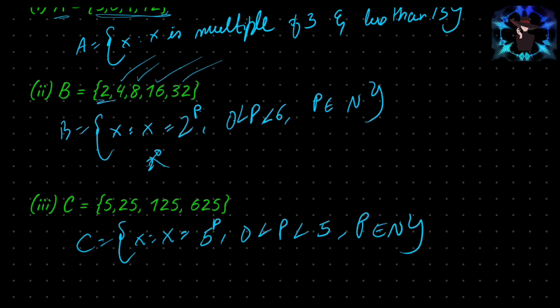So what are the values of p here? 1, 2, 3 and 4. 5 power 1 is 5, 5 power 2 is 25, 5 power 3 is 125 and 5 power 4 is 625. That's what we said.